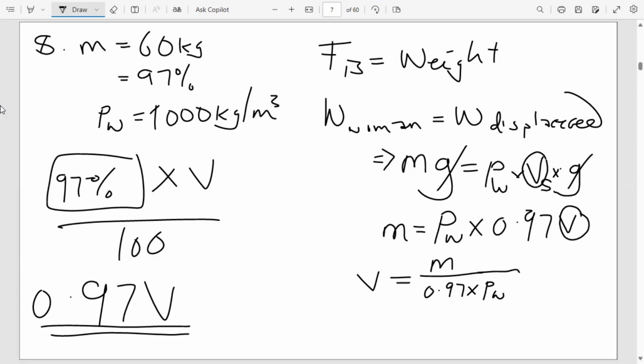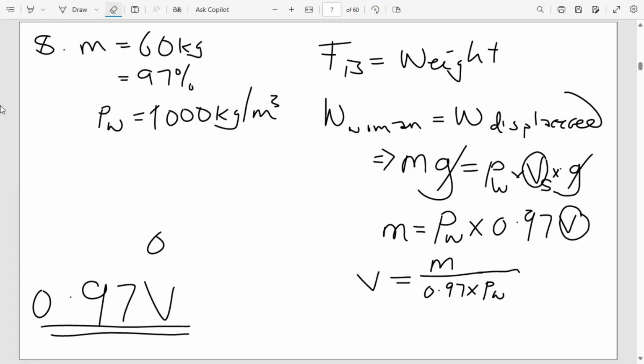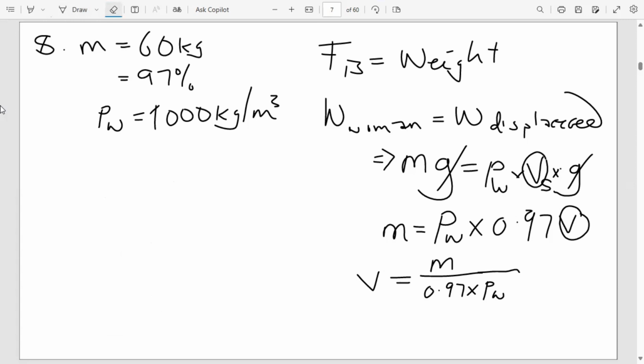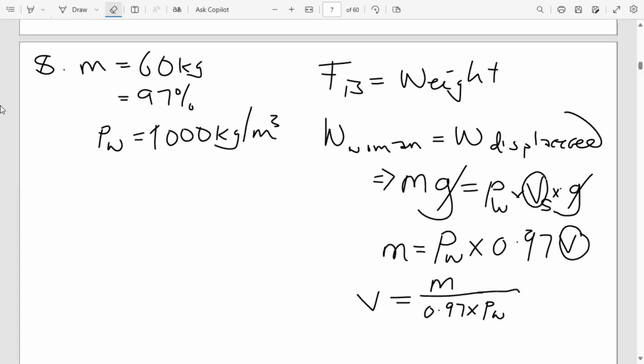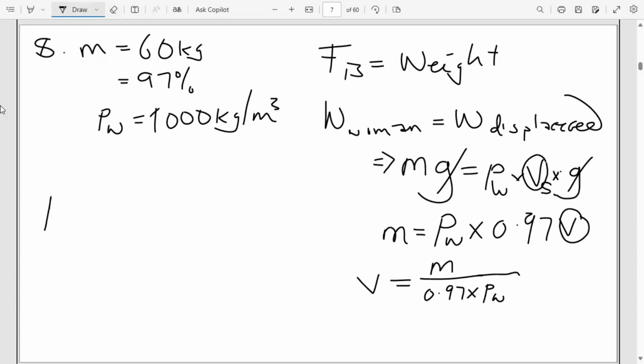And from here, you can also calculate the woman's average density. To say rho of the woman, the average density of the woman will be equal to 0.97 multiplied by the density of the water, which is 1000 kgs per cubic meter.